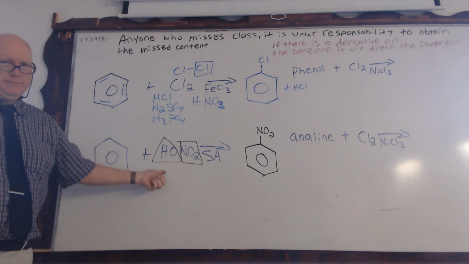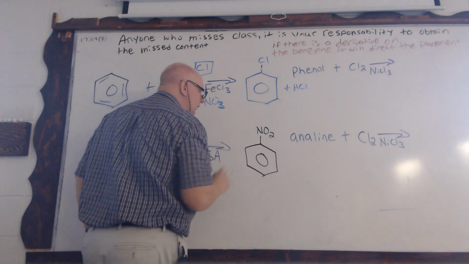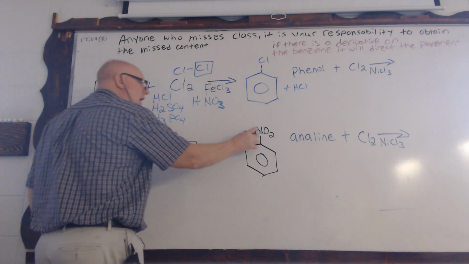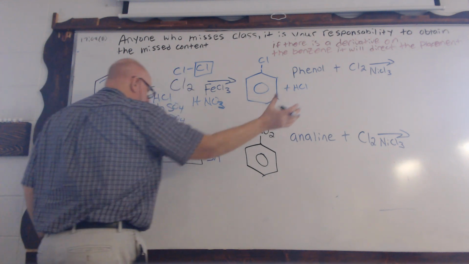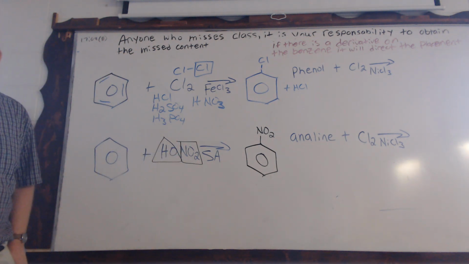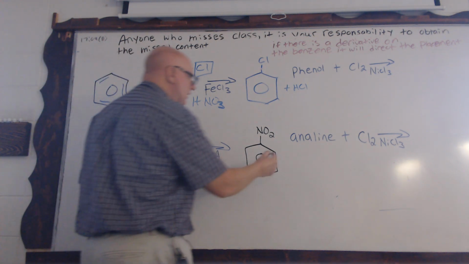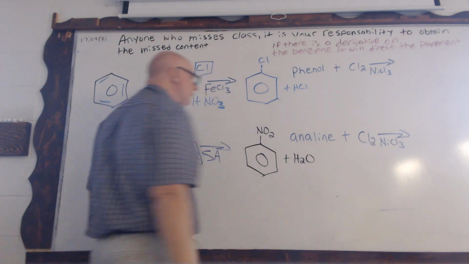Yeah. We do. And what was on here before the nitro group took over? So if that hydrogen is looking for something to bond to, just like it did up here, what do we have left over? We have an OH, which means we've got H2O. That's left over.